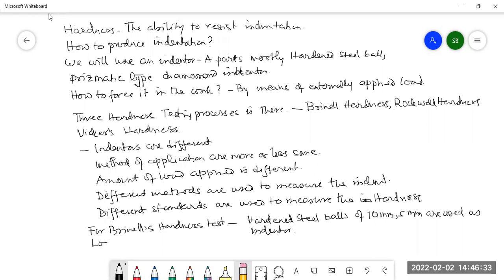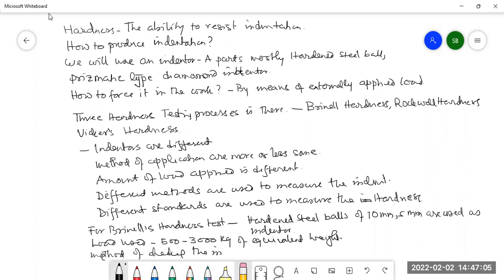The load used is 500 to 3000 kg of equivalent weight. And the method of checking the indented hole is a microscope, defined as the Brinell microscope.